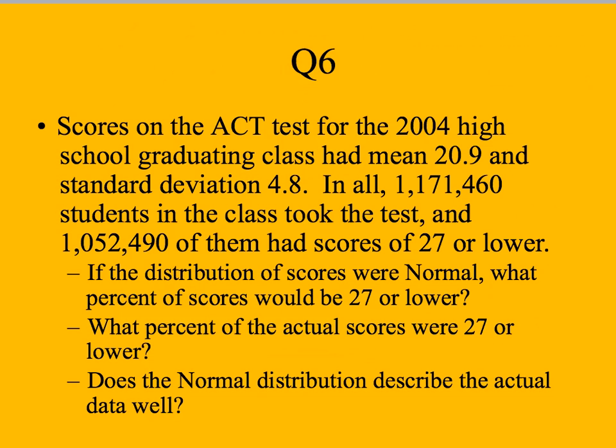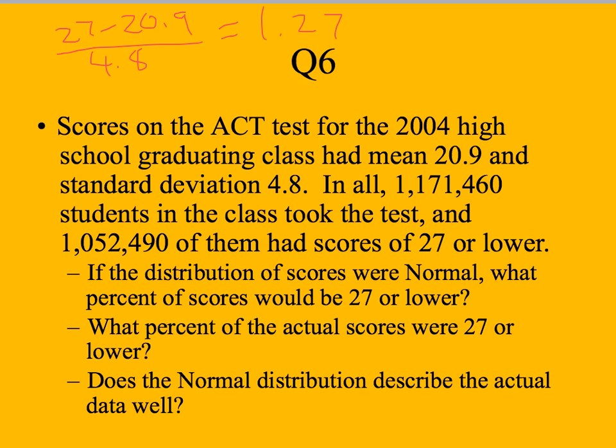That's an easy one to solve, so let's do that first. 27 minus 20.9 divided by 4.8, I got 1.27.